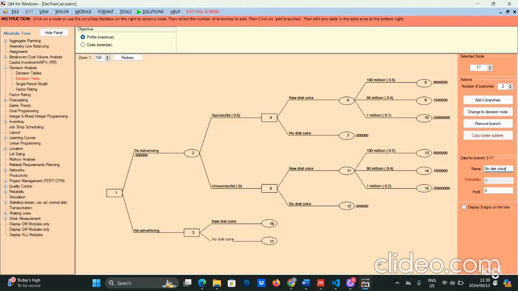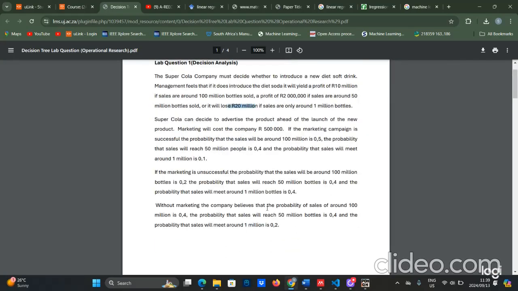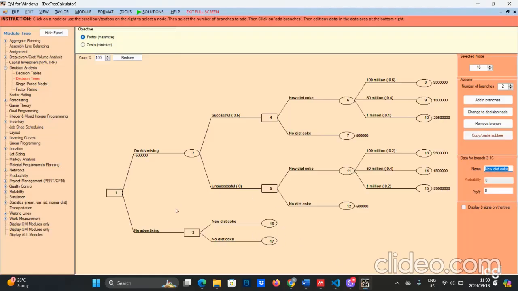Right, so now here, since they didn't do any marketing, they decide to introduce the new Diet Coke. Let's start here. If they don't introduce a Diet Coke, since they didn't do any advertising and they didn't introduce a Diet Coke, they won't lose anything.